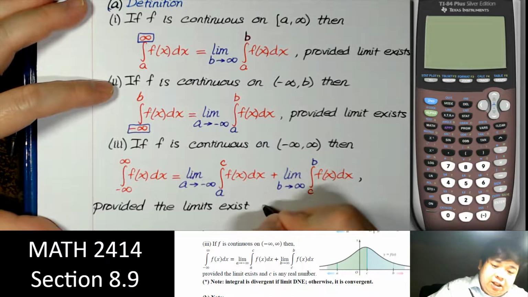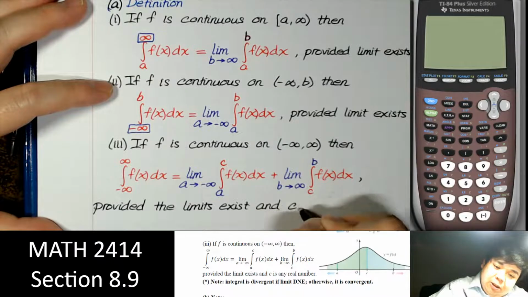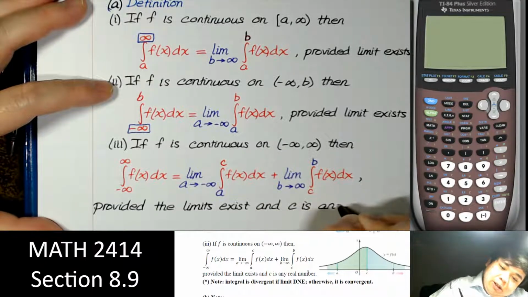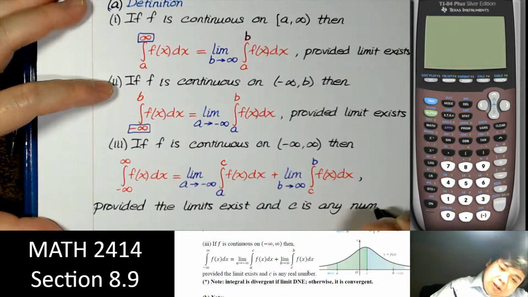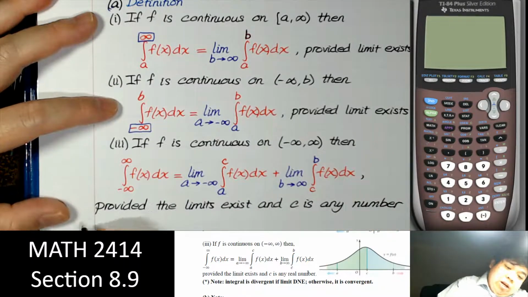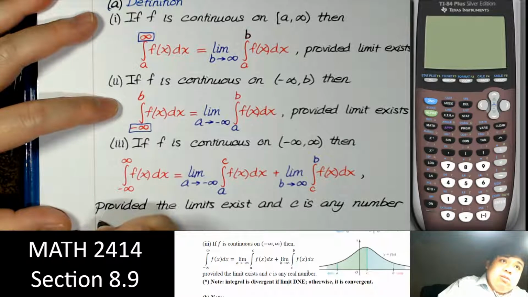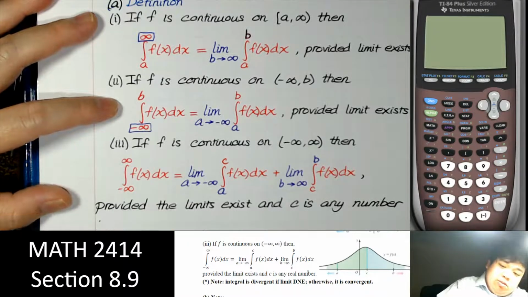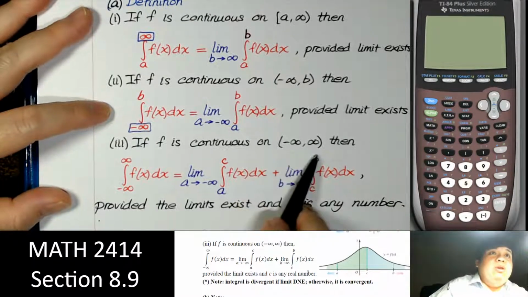And c is any real number between negative infinity and infinity.